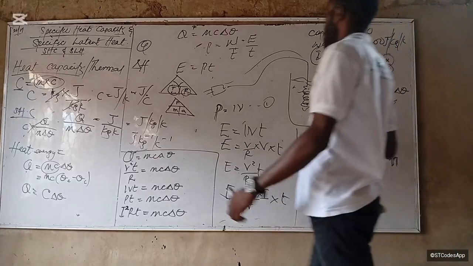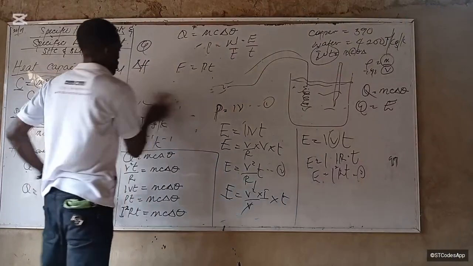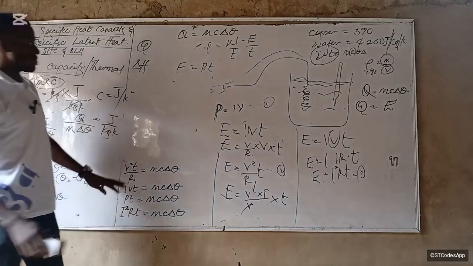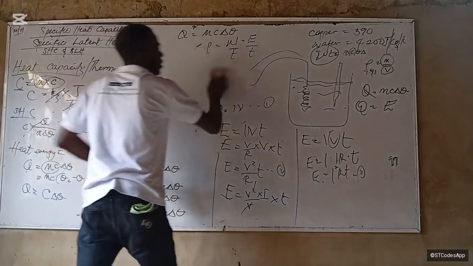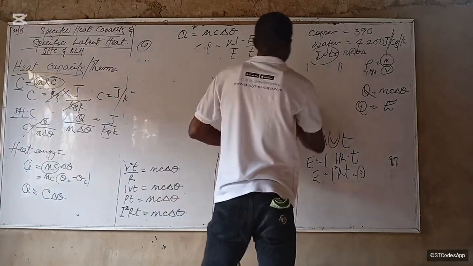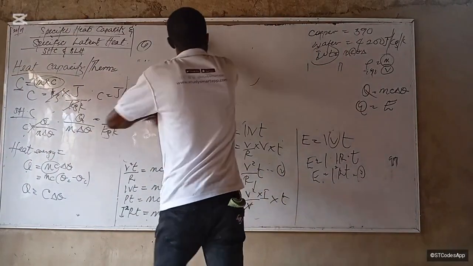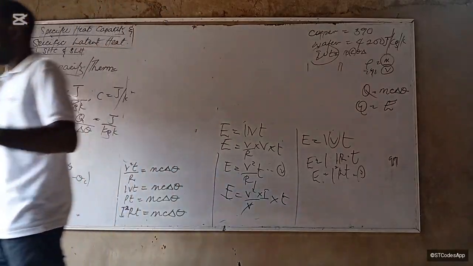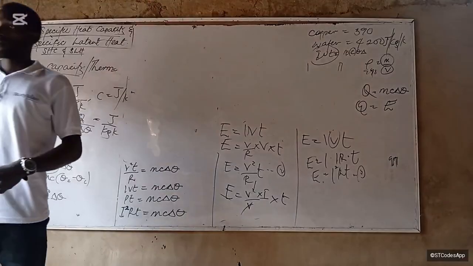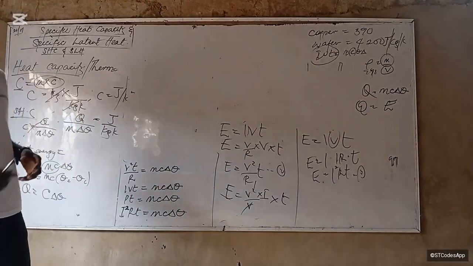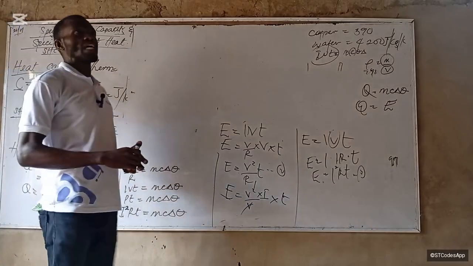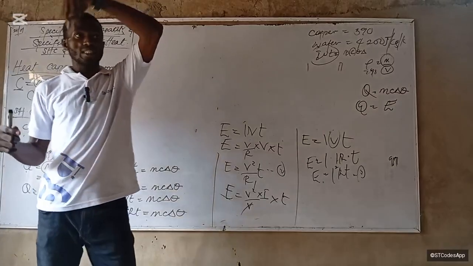Now, what if we were talking about mechanical energy? Mechanical energy, that is work done, mechanical work done. What if the work done was mechanical? For example, where a body is moving speedily, I talked about a waterfall, right?